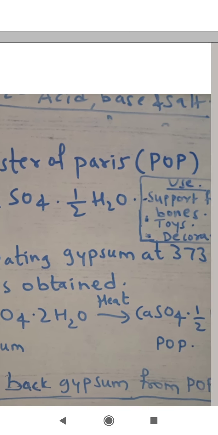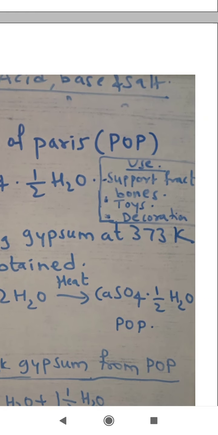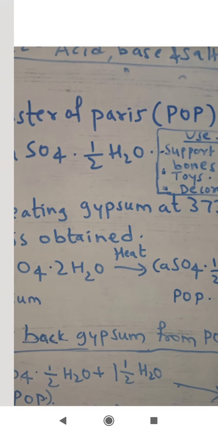And you can see here, this plaster of Paris is used for supporting the fracture bones. That powder is mixed with water, and that paste is applied on the fractured bones. And it is also used in the manufacture of toys and in the decoration of smooth surfaces. This plaster of Paris is utilized.